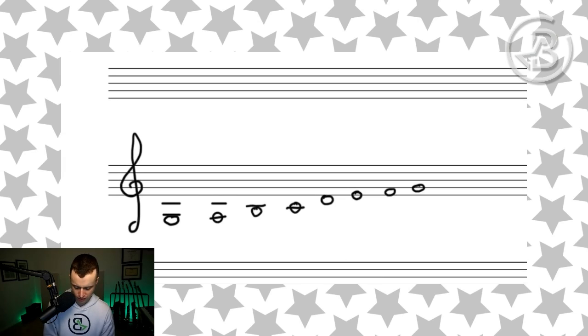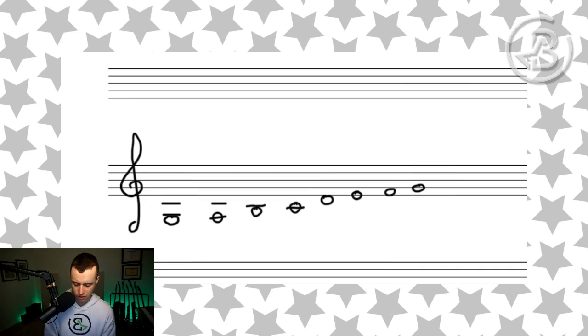Here, I'll color these. So all we're doing is we're just alternating lines and spaces going up 1 octave higher. Yep, from G to G, from G3 to G4.